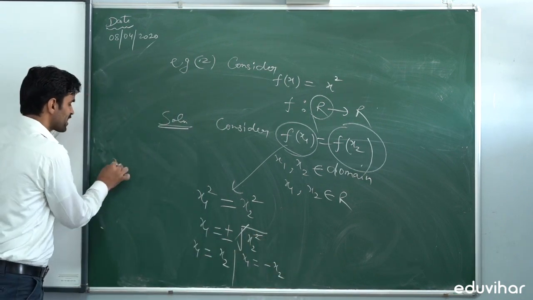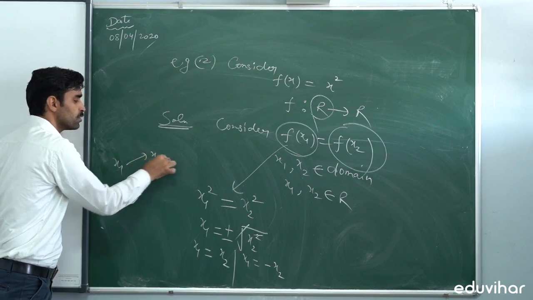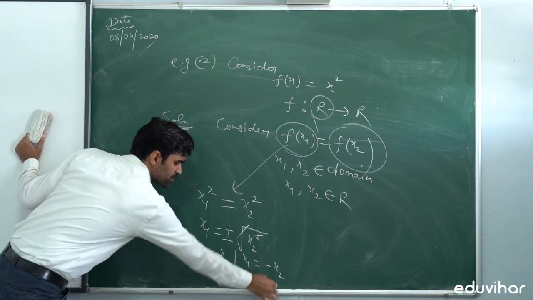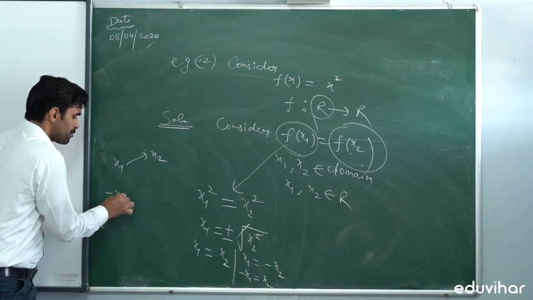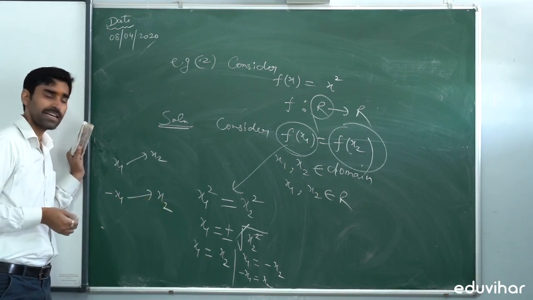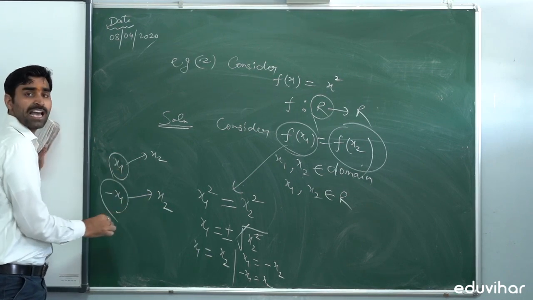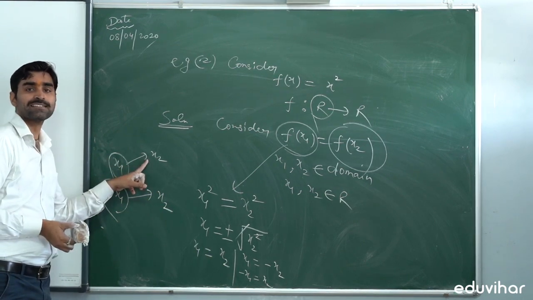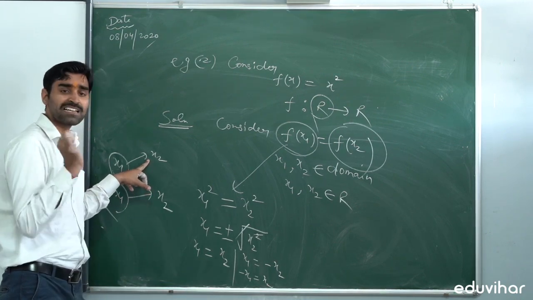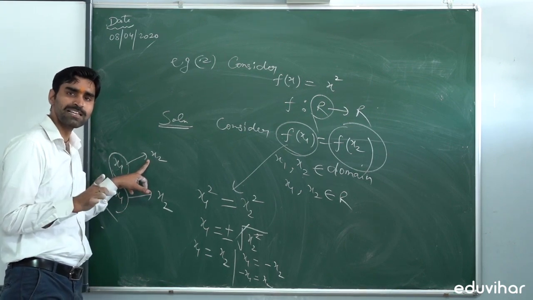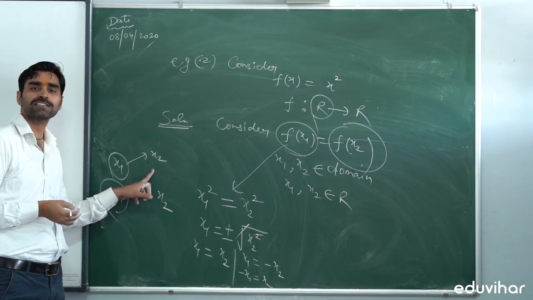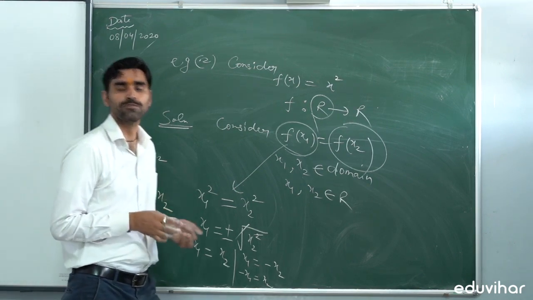So we can say minus x1 must be mapped to x2. Here we have two different elements having the same image, that is this type of function is not a one-one function, because in case of one-one function we have a single element mapped with one image only. So here we have two elements having the same image, so this type of function is a many-one function and not a one-one function.